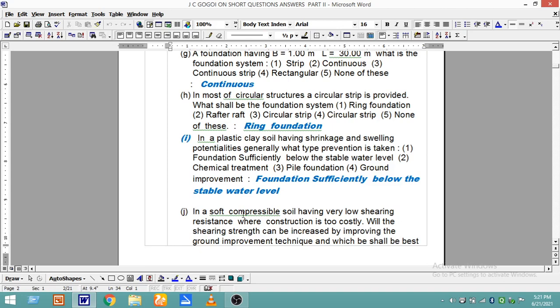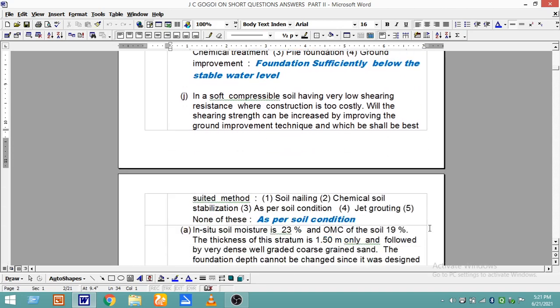In a soft compressible soil having very low shearing resistance, where construction is too costly, can the shearing strength be increased by a ground improvement technique, and what shall be the best suited method?